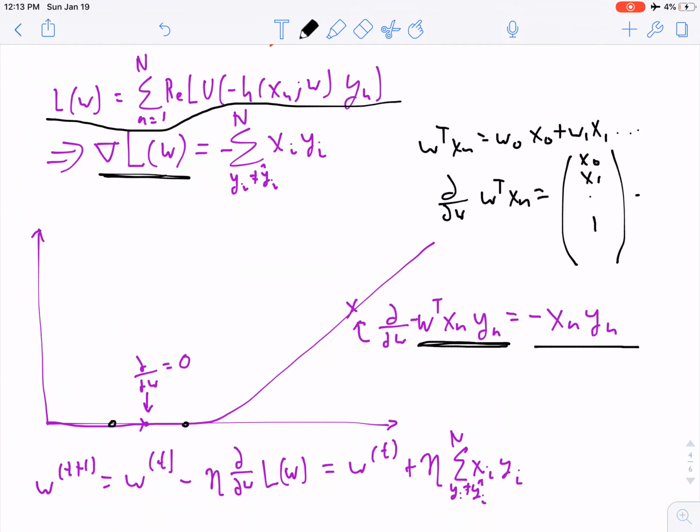So this just equals the x vector, and then yn is just some scalar that you're multiplying by, so it is negative 1.